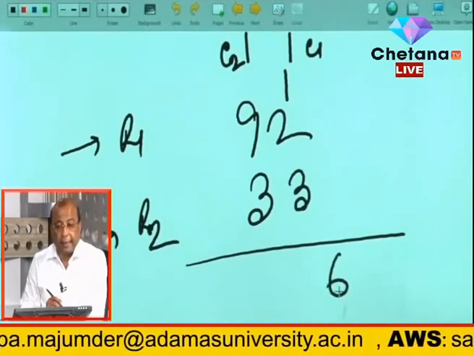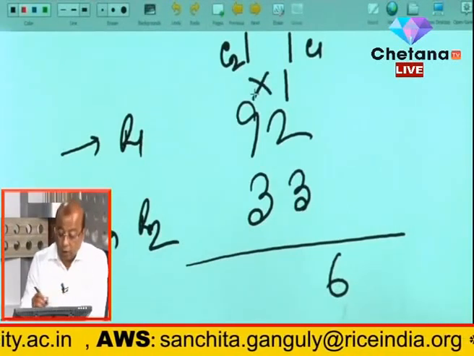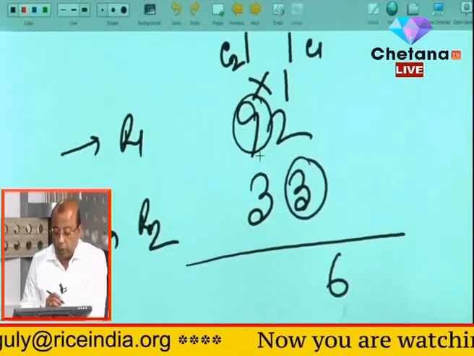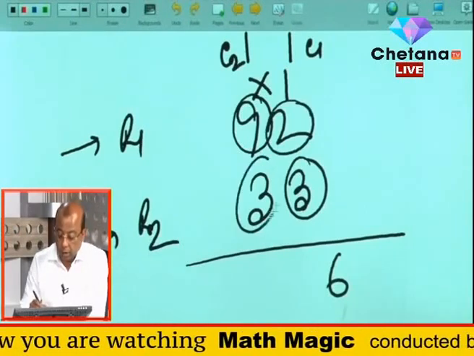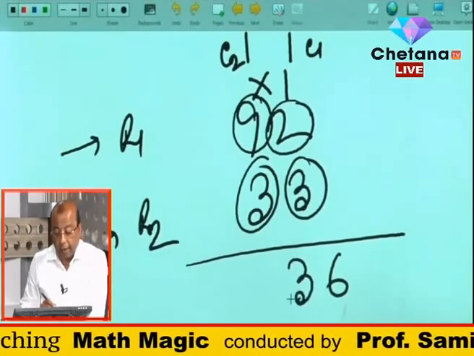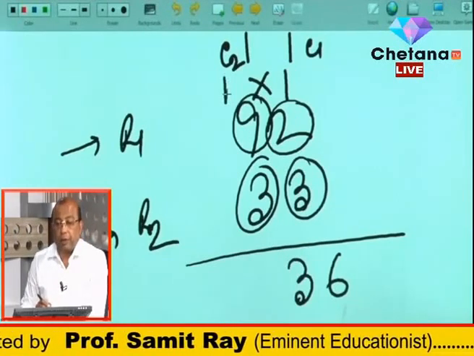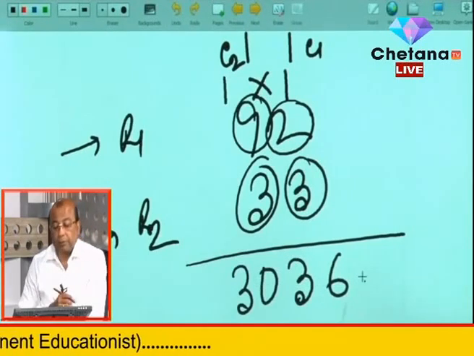When you consider the second column, the figure will be cross. The diagonal multiplication. Diagonally, 9 into 3, 27, and 6, 33. 3 in hand. Next straight. 9 into 3, 27 plus 3, 30. So 3036.